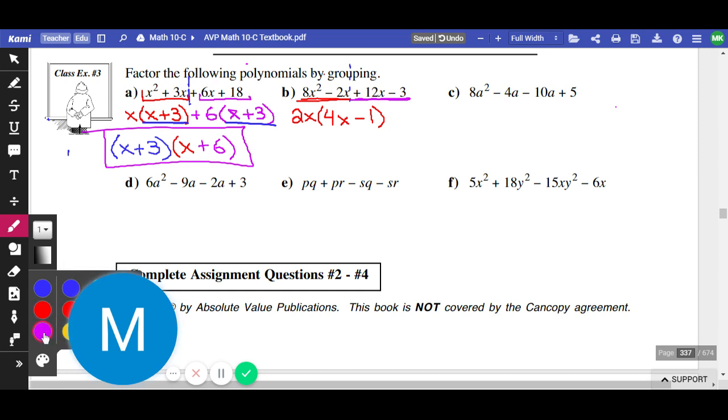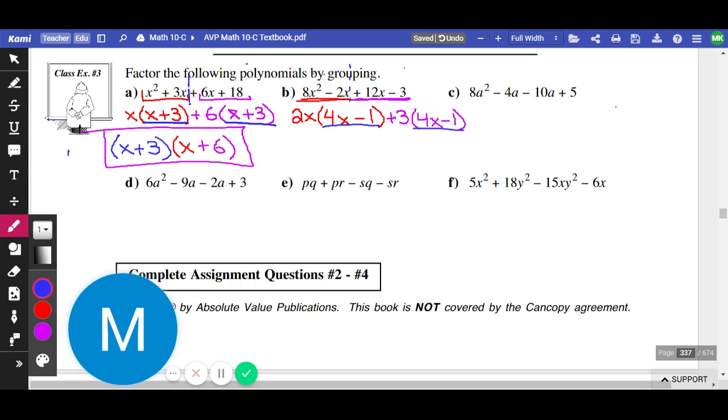On the purple side, we're going to do the same thing. We're going to take out, in this case, plus 3. That'll leave me with 4x minus 1. If you did grouping method properly, you should get to the same situation we just had above, where you have 2 binomials that are the exact same.